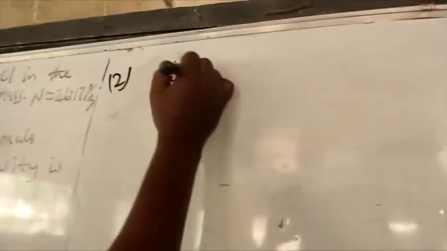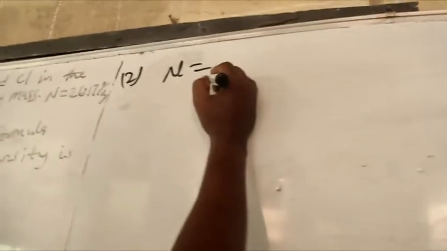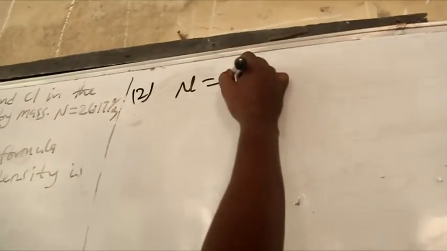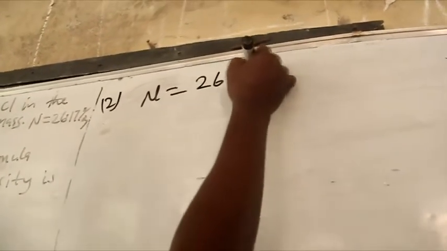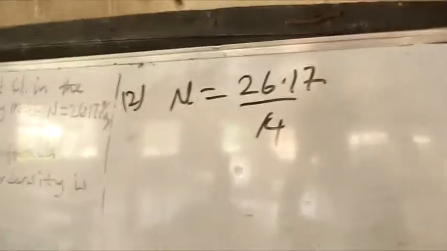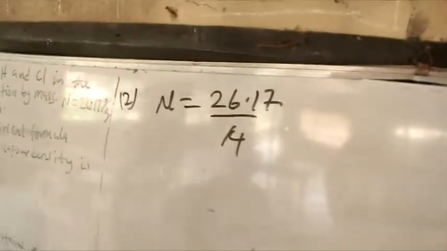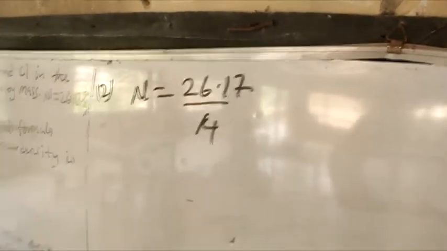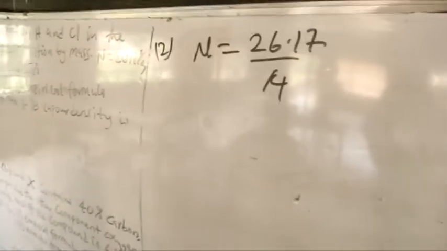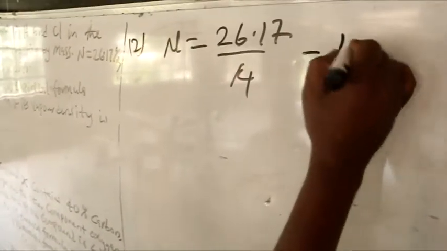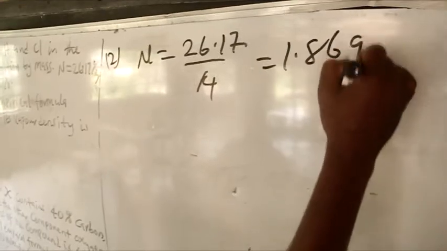There are 3 elements here. So we have nitrogen will be equals to the percentage, which is 26.17 over 14. That will give us 1.869.